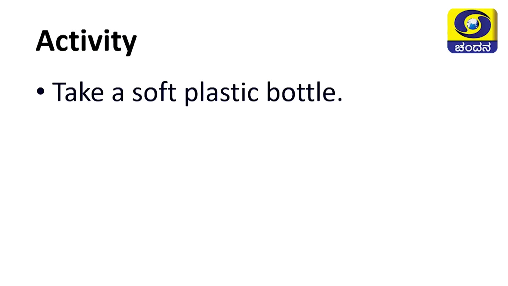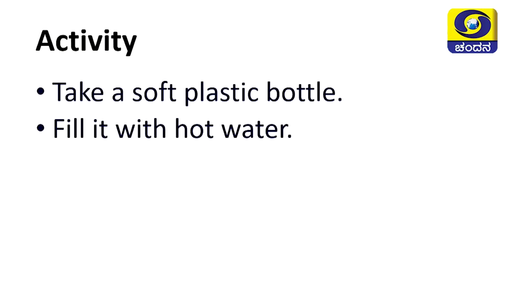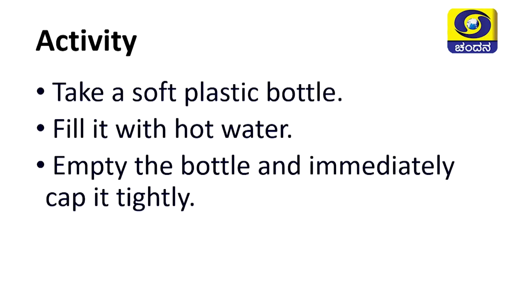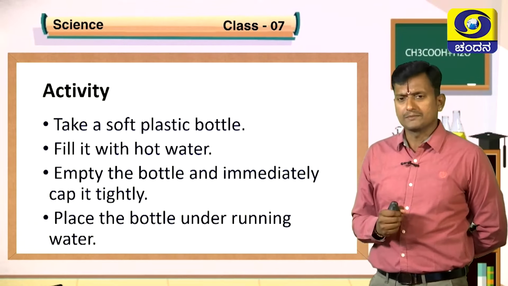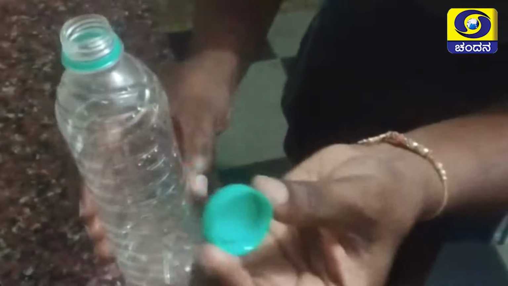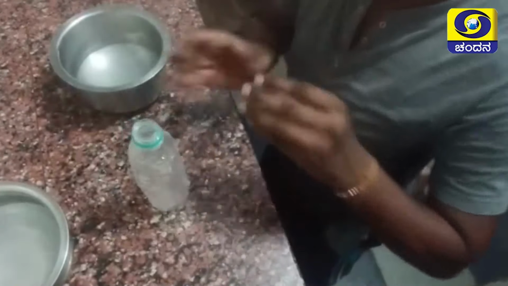Okay, let us do an activity. Take a soft plastic bottle, fill it with hot water, empty the bottle and immediately cap it tightly. Place the bottle under running water. So, I will do that experiment. We will see how to do it. Immediately close the cap.